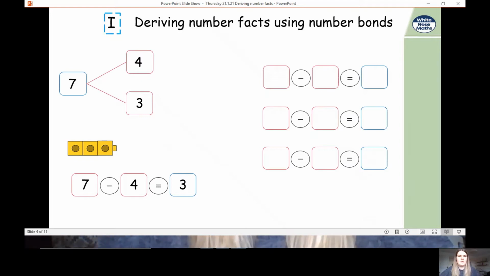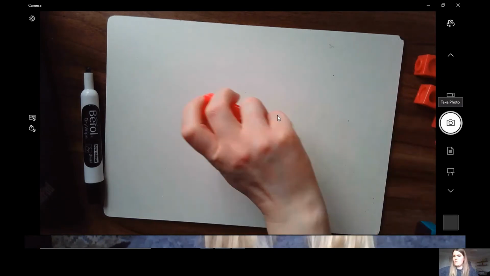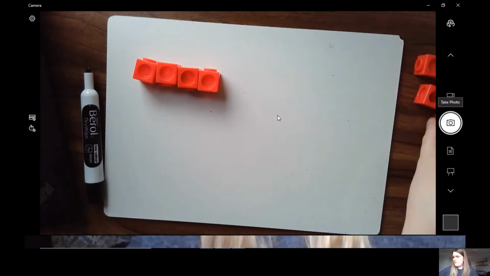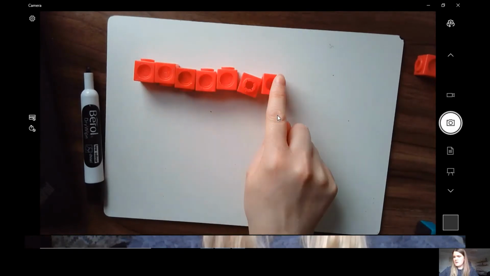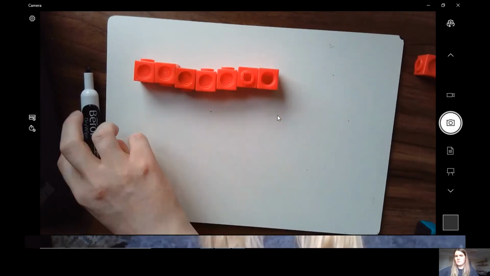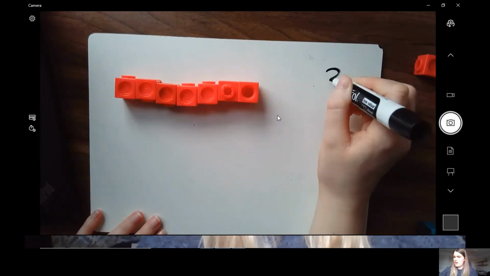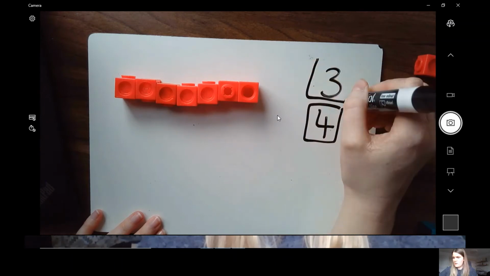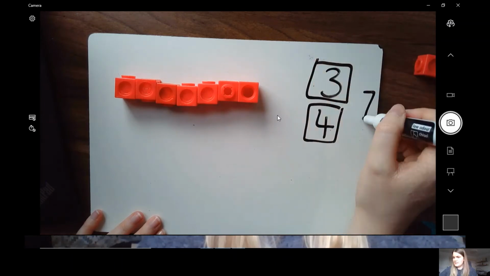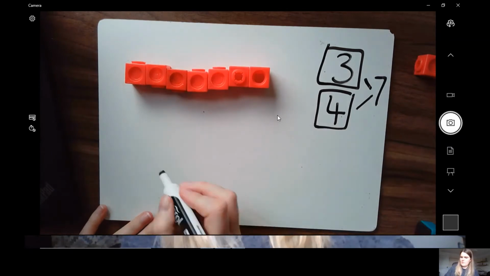I'm going to show you that with our cubes. If I get 1, 2, 3, 4, 5, 1, 2, 3, 4, 5, 6, 7, I've got my 7 cubes. We know that 3 and 4 make 7. Okay, so we can use this to help solve our sum.